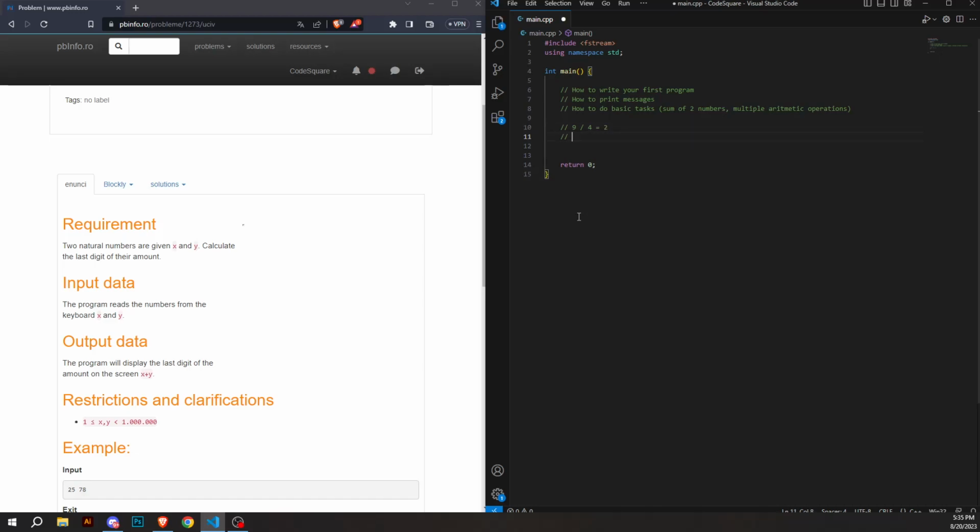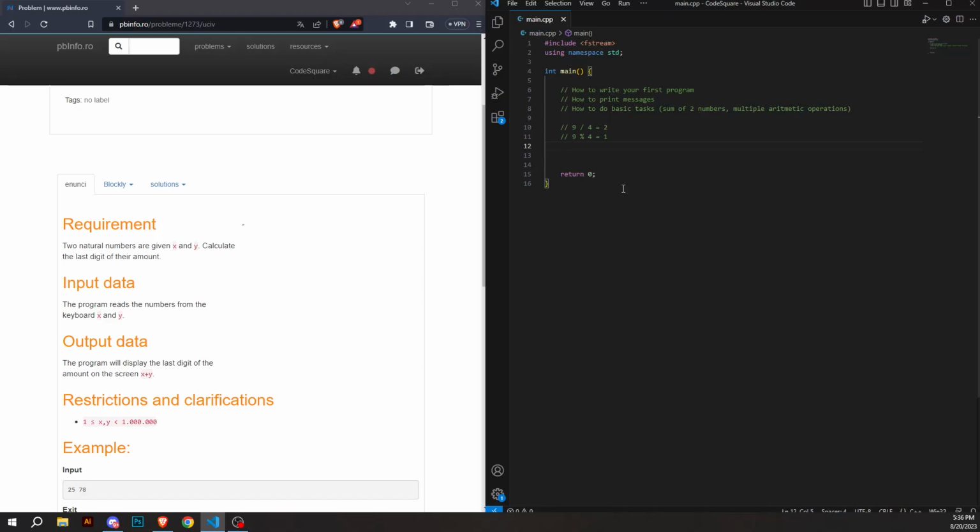But if we took 9 modulo 4, this gives the remainder of the division of 9 by 4. And because 9 is actually 4 times 2 plus 1, the remainder is 1. So this is 1. Okay, so what does this have to do with our situation here?